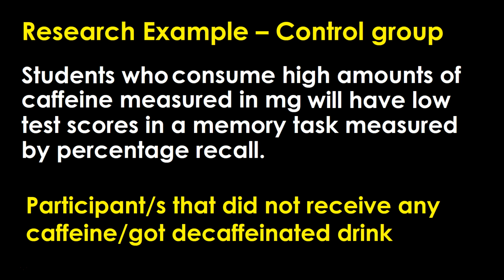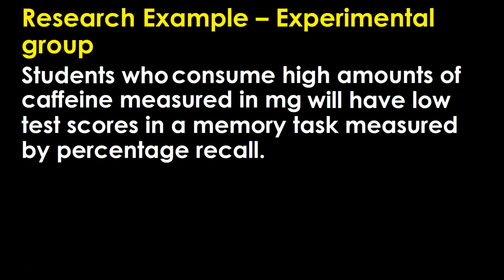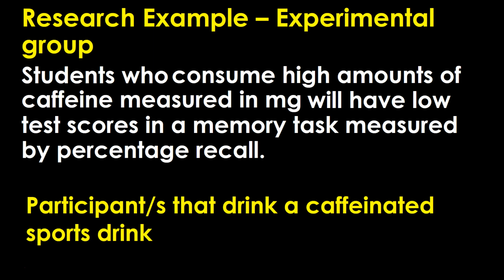They're going to be the control group because they don't actually receive the manipulated variable, i.e. high amounts of caffeine. Whereas the experimental group, they're the ones that are exposed to the IV. So in this particular example, they're simply the participant or participants that actually drink caffeinated sports drinks. Now, in a simple experiment, you might have two groups literally.